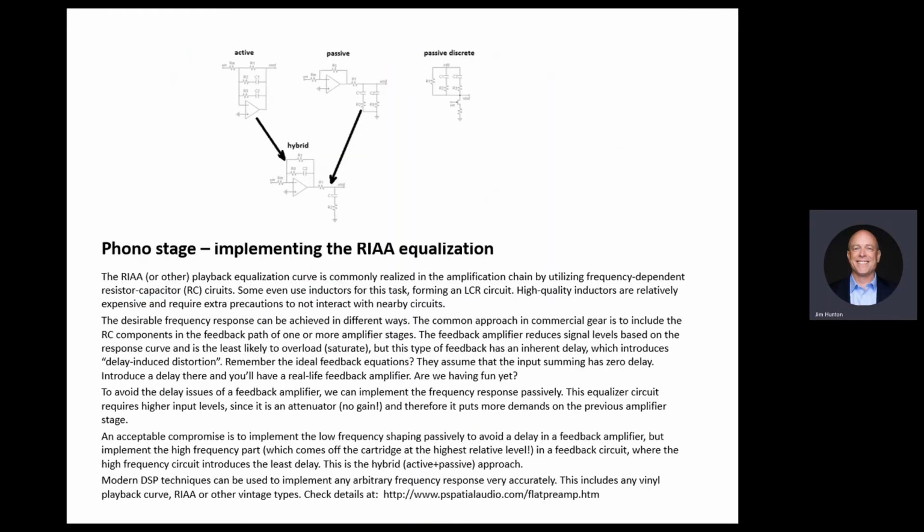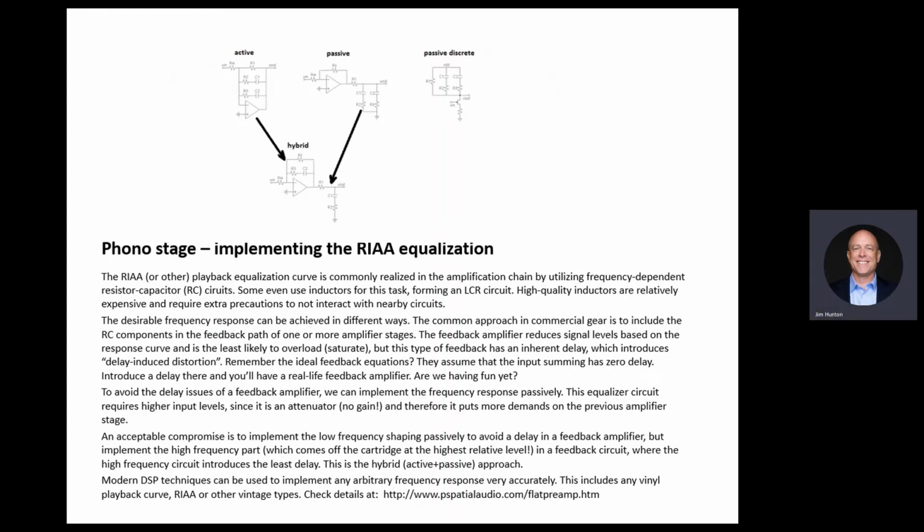So it looks like we're going to go well over the time, so we'll go very quickly through the examples. For passive and active RIAA, I'm showing just an amplifier, an op amp. It doesn't have to be an op amp. It can be a transistor.